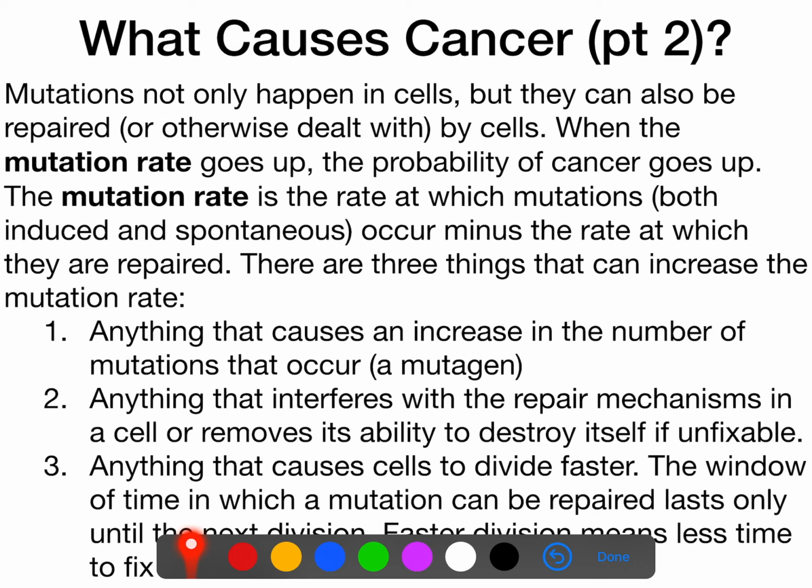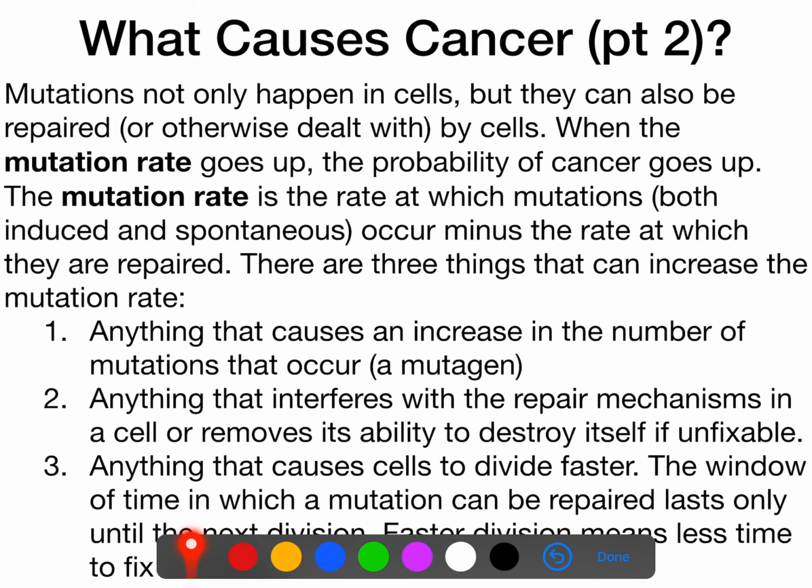But that's not the only thing that increases the mutation rate, because you could also have something that prevents you from effectively correcting them. So that's number two here. Anything that interferes with the repair mechanisms or removes the ability of a cell to destroy itself if they're unfixed, right?